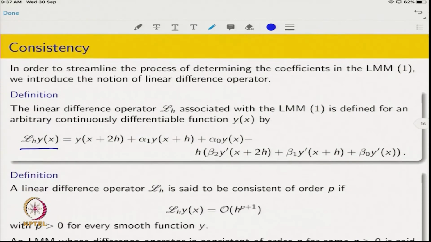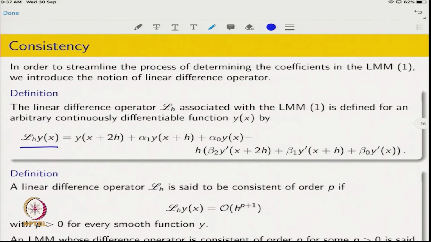Our expectation is that the linear difference operator should be of order h^(p+1), where p is greater than 0 for every smooth function y, because only if p is greater than 0 can I say that the truncation error tends to 0 as h tends to 0. Only in that case will the difference equation approximate the differential equation. If the truncation error is not tending to 0, it will not converge.